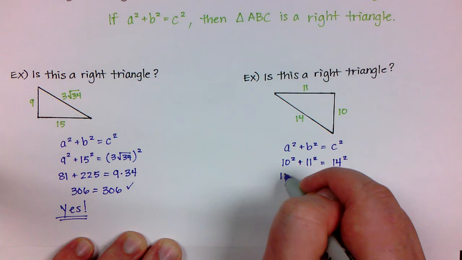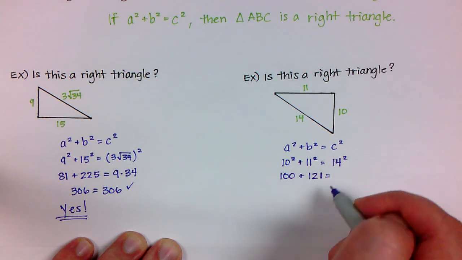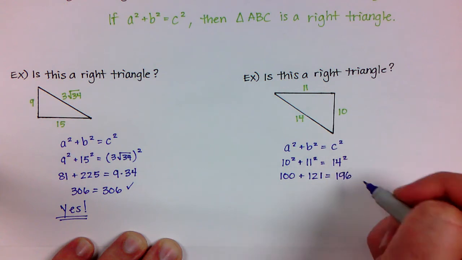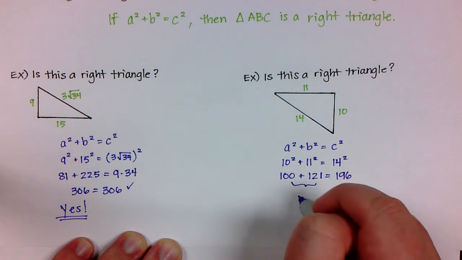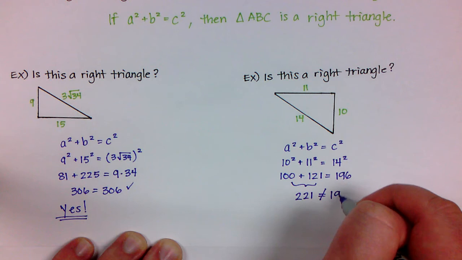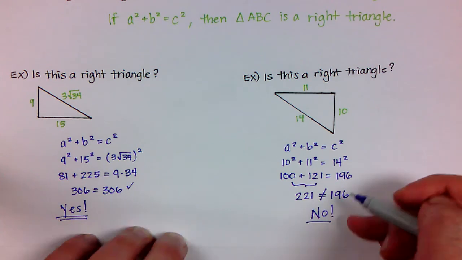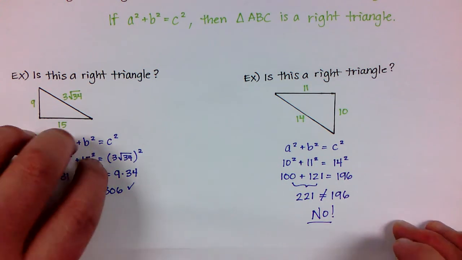So 10 squared is 100. 11 squared is 121, and 14 squared is 196. These are all perfect squares that you should have memorized. So this right here is 221, which is not equal to 196. So in this case, no, it is not a right triangle. As much as it might look like it is, it's not.